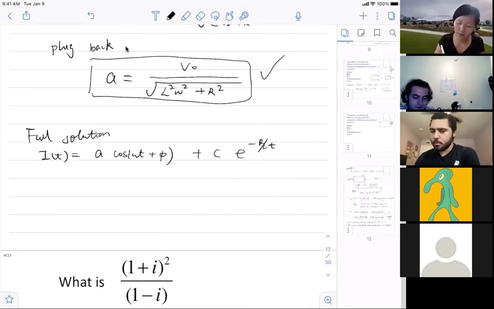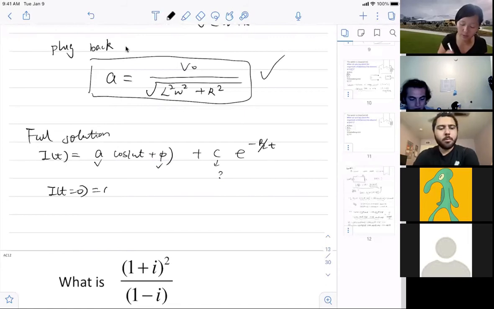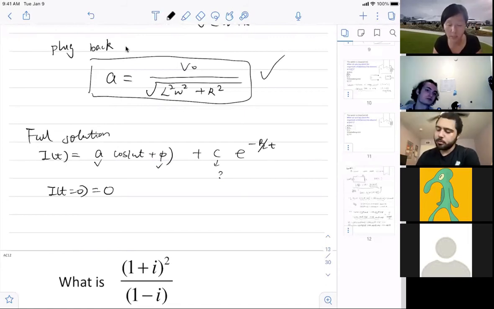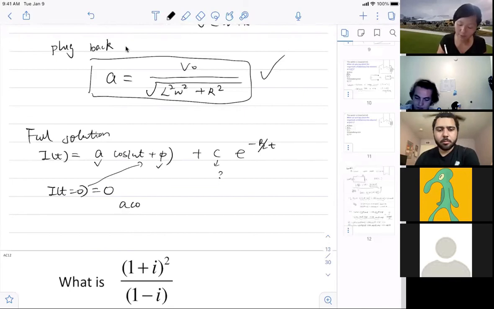Again, we found A, we found phi. There is still one constant yet to find, but you might think, well, that's easy. I know at t equals 0 there is still going to be 0 current, right? The behavior of the inductor still remains the same. You plug in t equals 0, you get A cosine phi plus C is equal to 0.